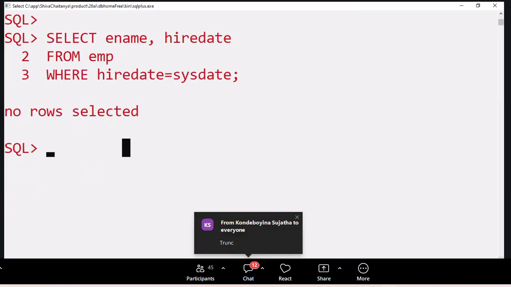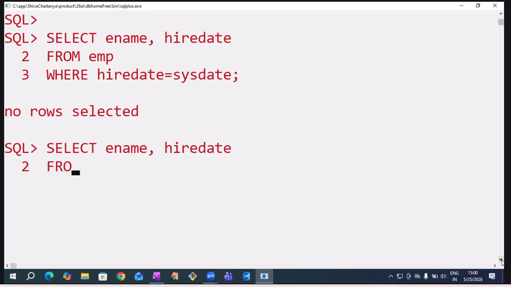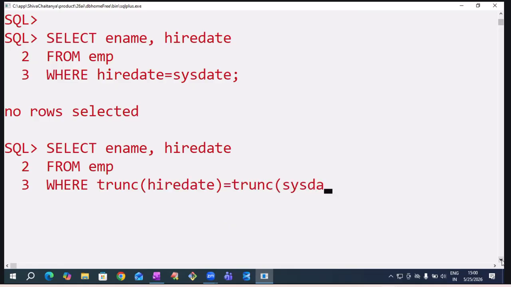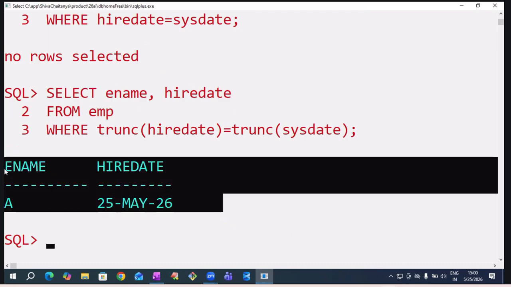Observe now. You tell me the final query, sir. Who joined today, I want. What do we need to write? Where trunc of hire date equals trunc of sysdate. Very good, sir. That's it. We are getting the correct output now. Observe, if trunc is not there, we get wrong output.